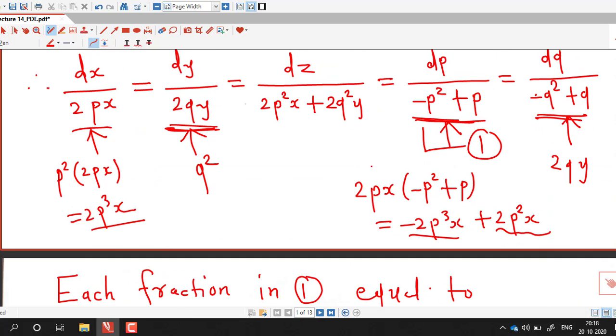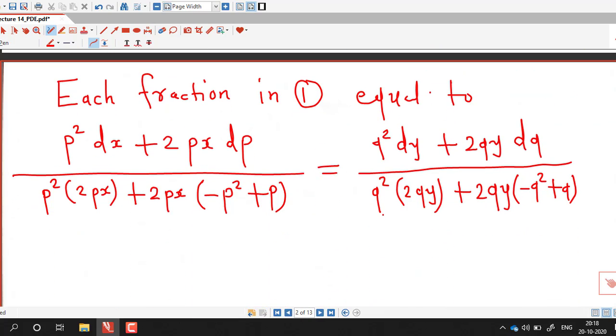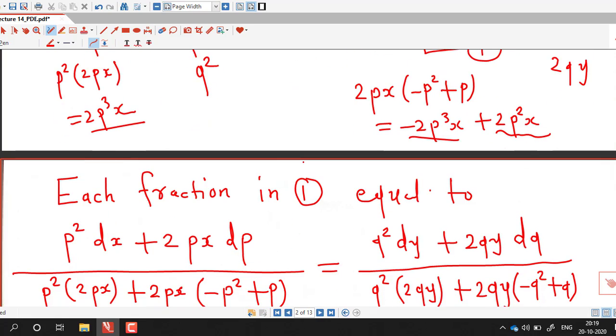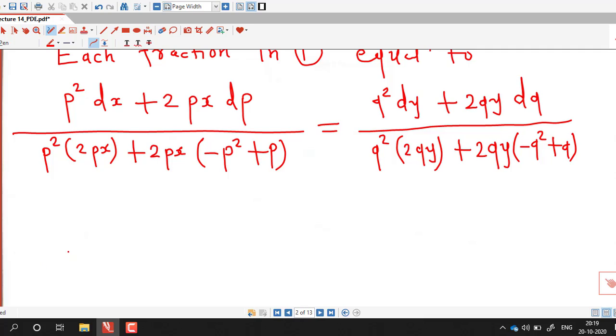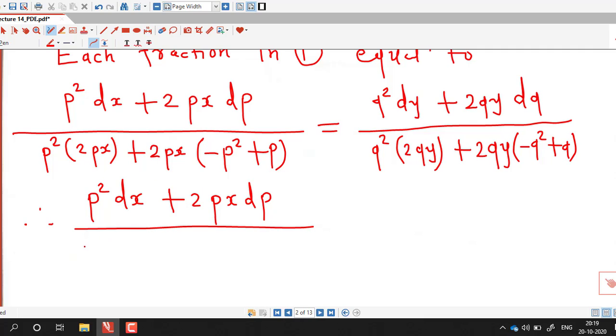So as we know, if we generate new fractions by selecting multipliers in this way, then those newly generated fractions are also equal to each other. Now we simplify these fractions and then we try to find the solution. This I write as it is, and here as we discussed, we can write one more step, 2p cube x minus 2p cube x plus 2p square x.